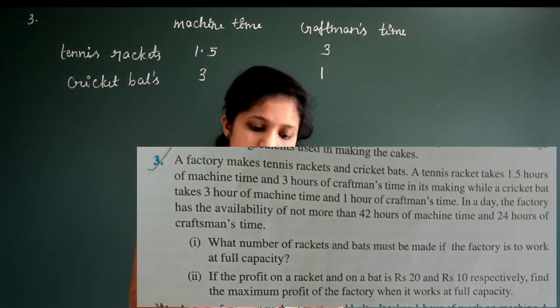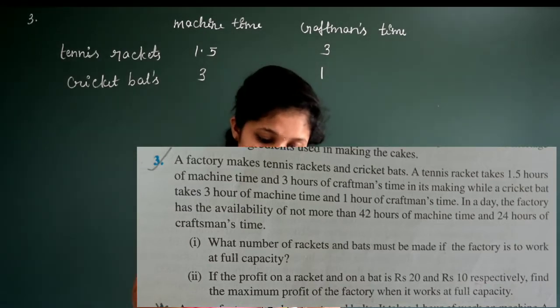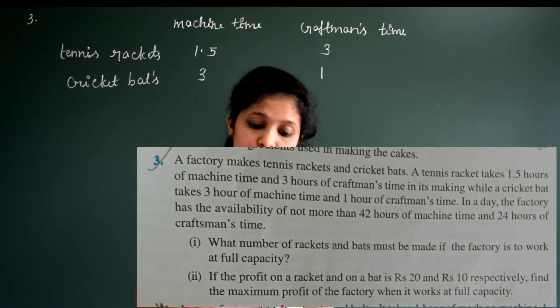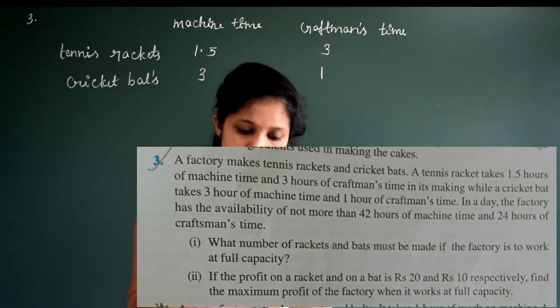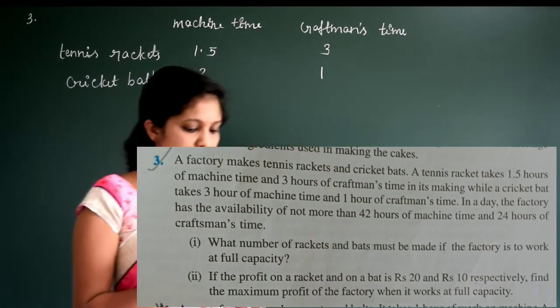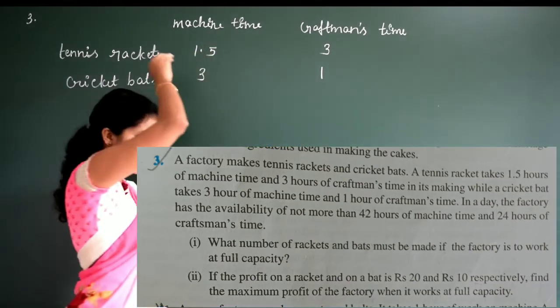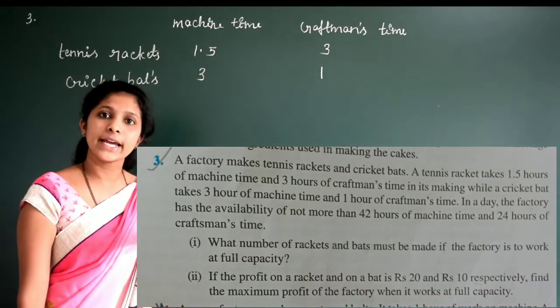Next, in a day, the factory has the availability of not more than 42 hours of machine time and 24 hours of craftsman's time. So the maximum time they can take for machine time will be 42 hours, and for the craftsman's time it will be 24.